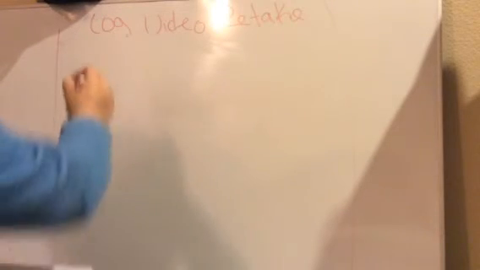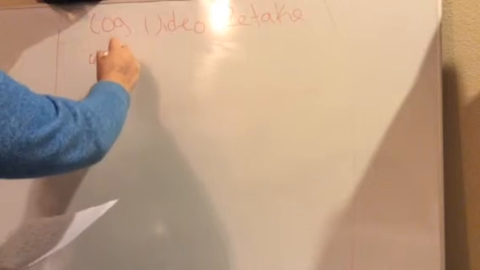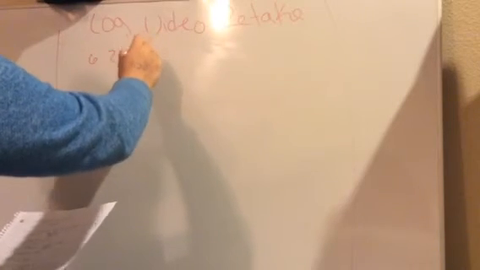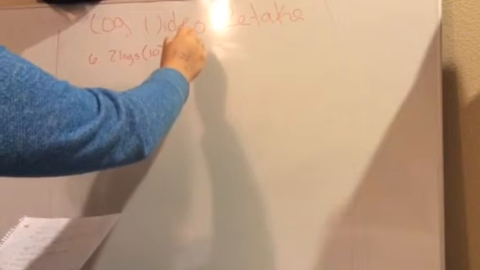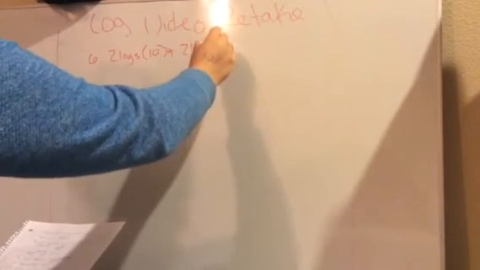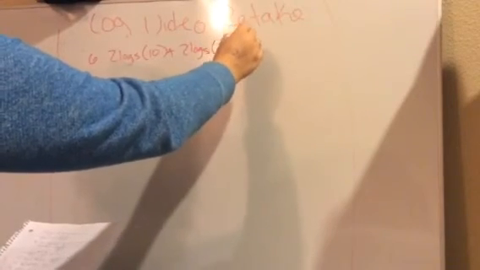Okay, so for the next 5, number 6, 2 log of 5 and 10 plus 2 log 5 25 equals x.